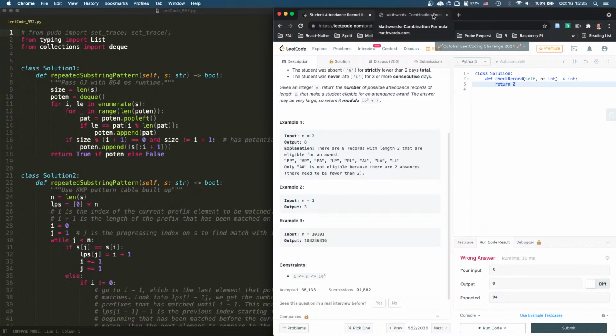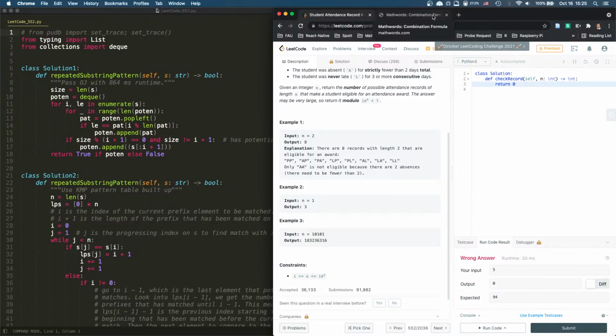Okay, like 2 P's, PPL, LP. Yeah, I think that is 7: 1, 2, 3, 4, 5, 6, 7. So this is all the situations where we have no A, but we allow L. We have 3 positions, no A, so we only have 2 choices.